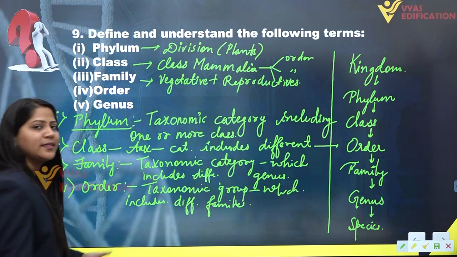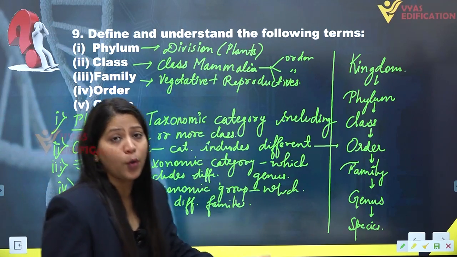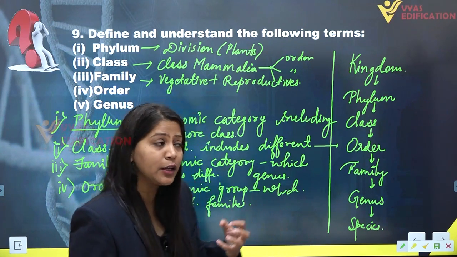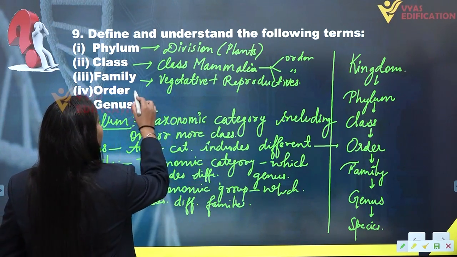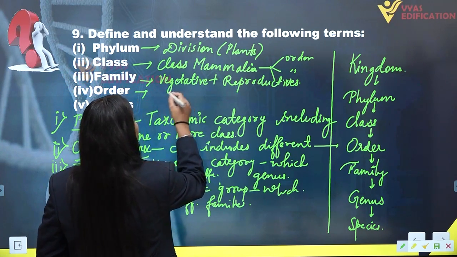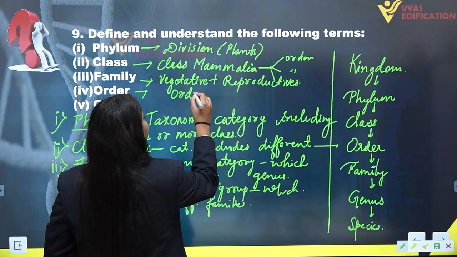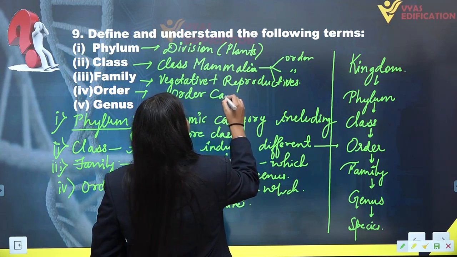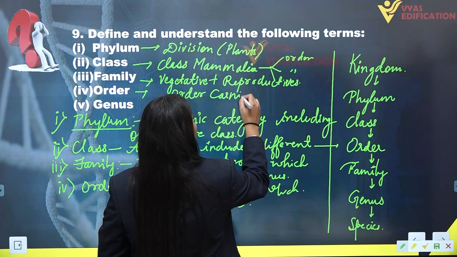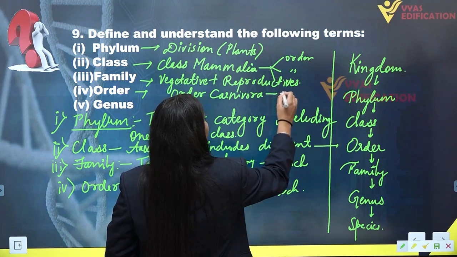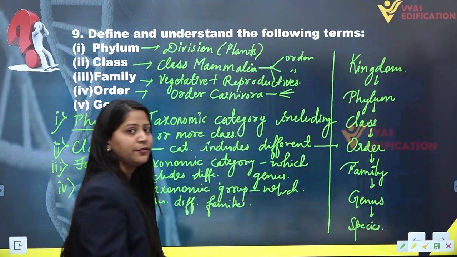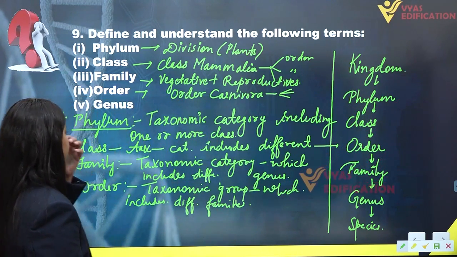For example, order Carnivora includes many families, like Felidae and all.